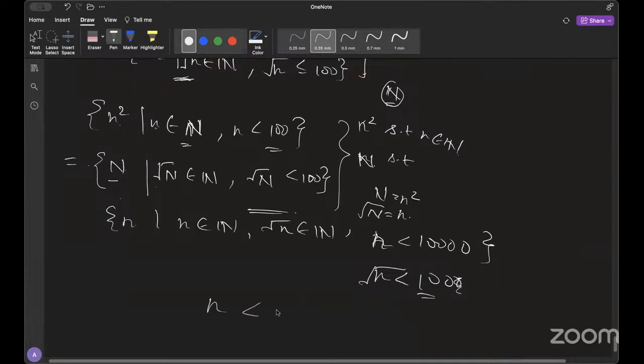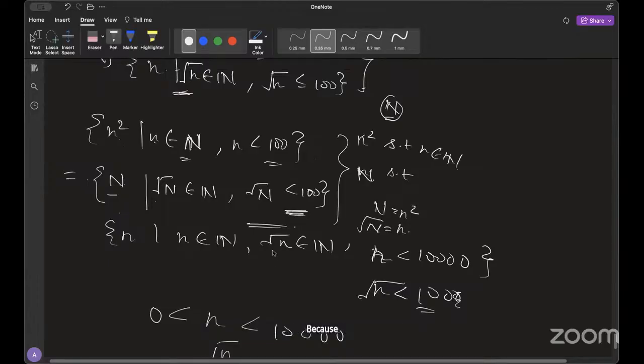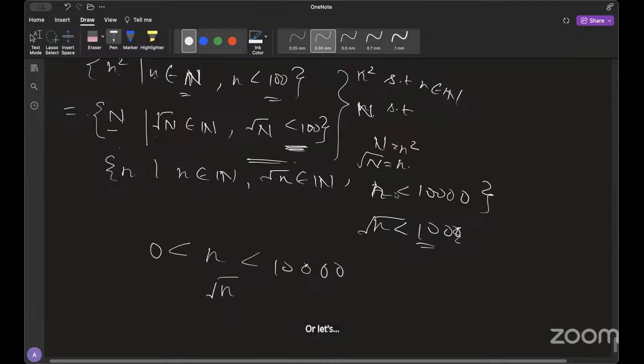If you have n between 10,000 and 0, then we're trying to make it look similar to this because we have this notation, right? You can either take the square root here or you can take a square here, whichever looks better to you.